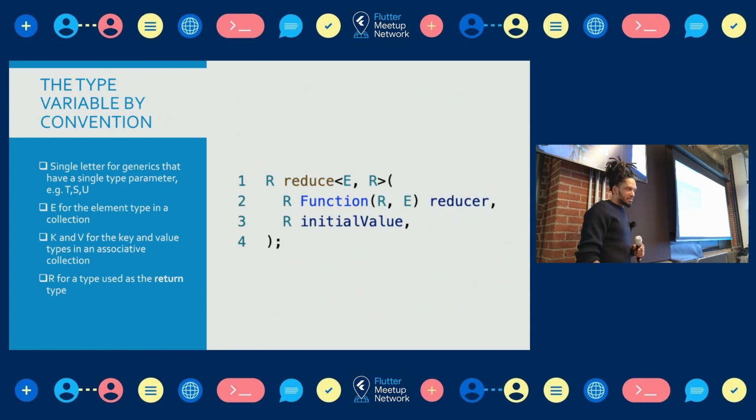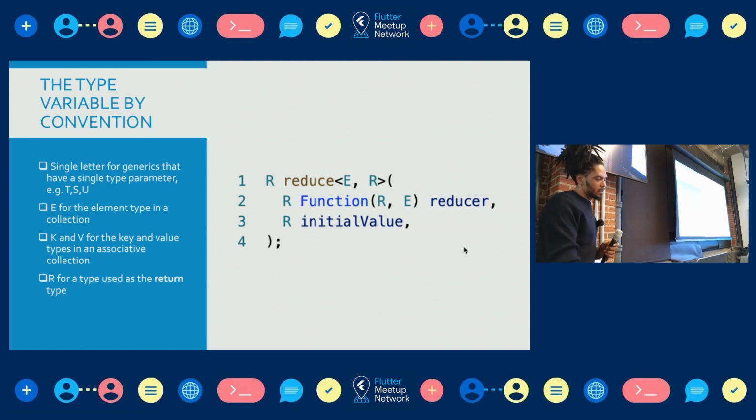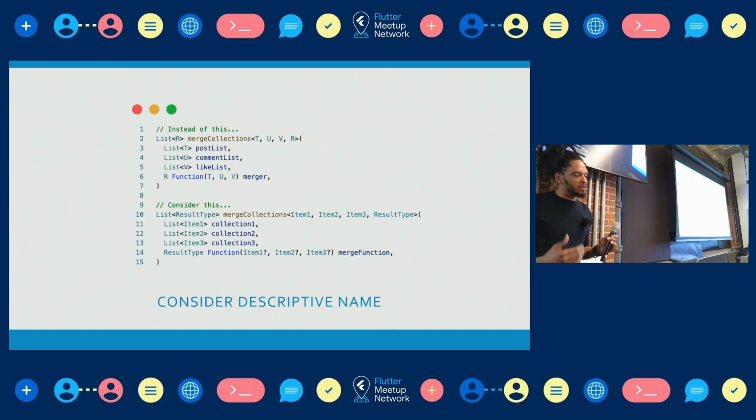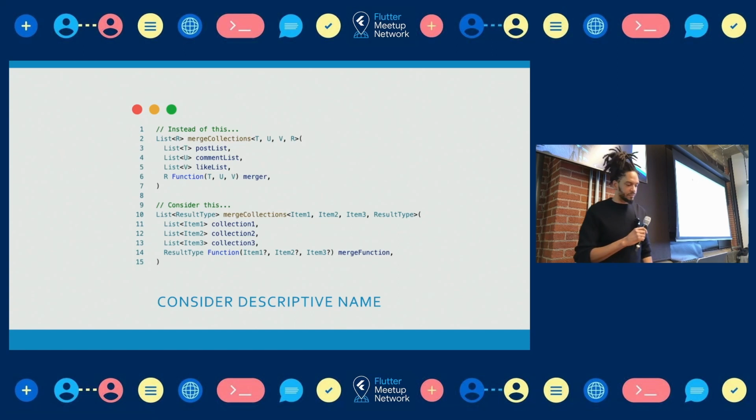Awesome. So I was saying single letters by convention. Descriptive names are also good though. Sometimes you don't quite fit in the convention. So descriptive names can be good, specifically when using many generics. Consider using a descriptive name to convey information about the type, what the type represents.